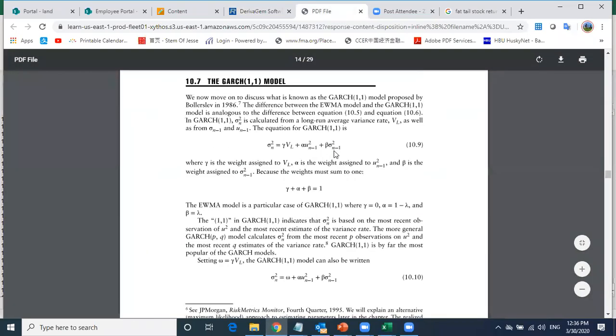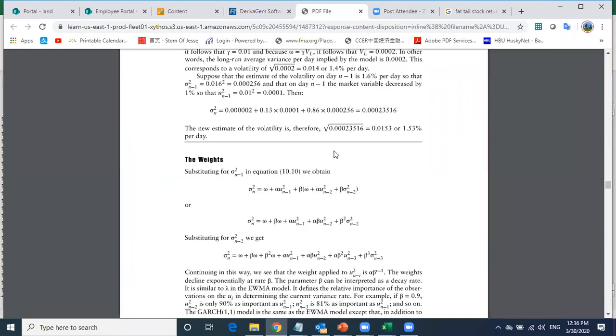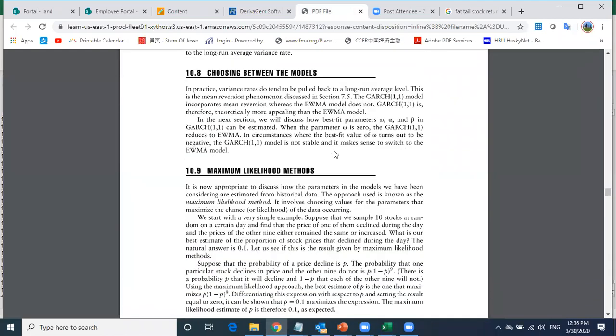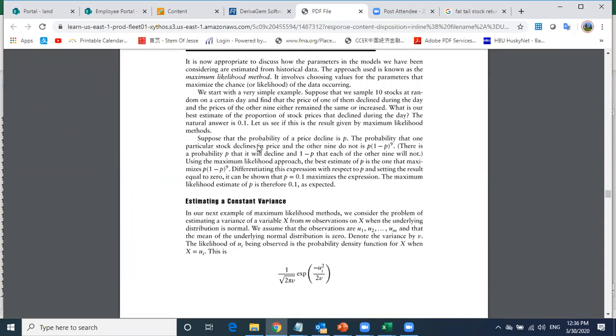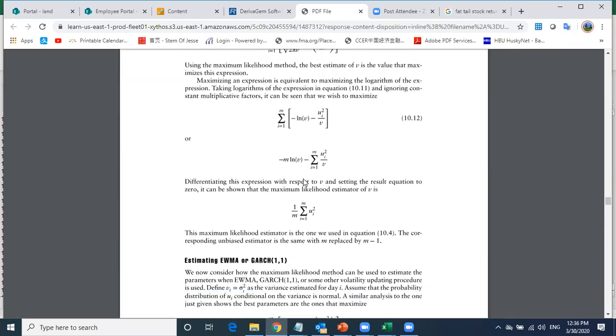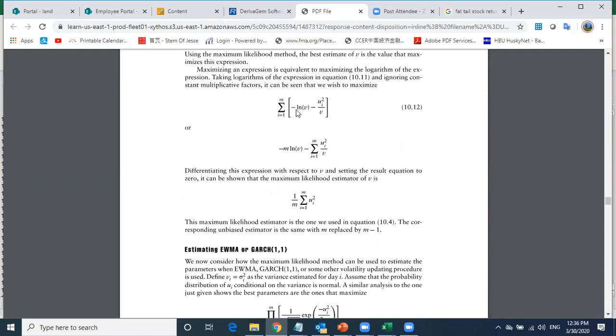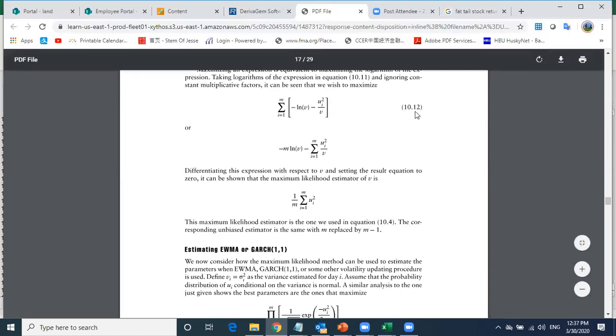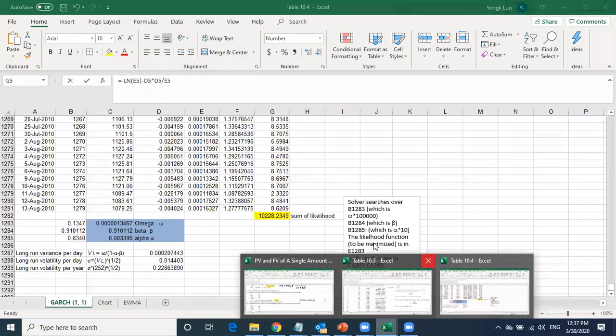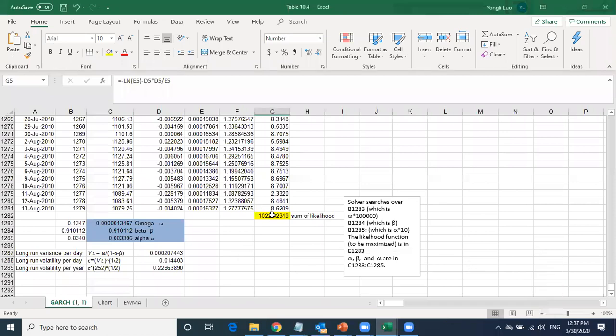We maximize the sum of negative ln of the variance minus the return squared divided by nu, where nu is the variance. We're using equation 10.12. That's how you sum up the likelihood.